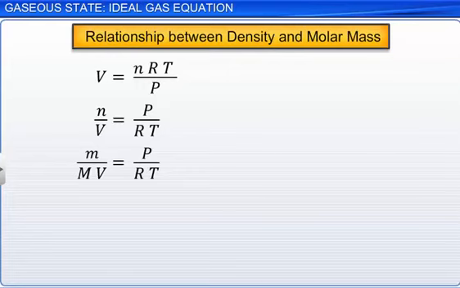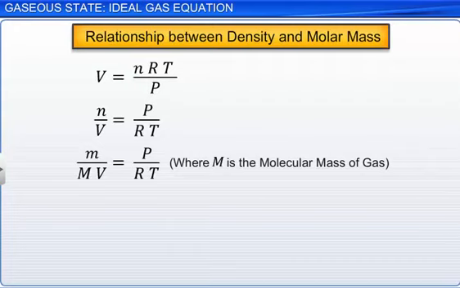Thus, we can rewrite the equation as D divided by M is equal to P divided by R into T. On rearranging the equation, we get the relationship to calculate the molar mass of the gas as M is equal to D into R into T divided by P.